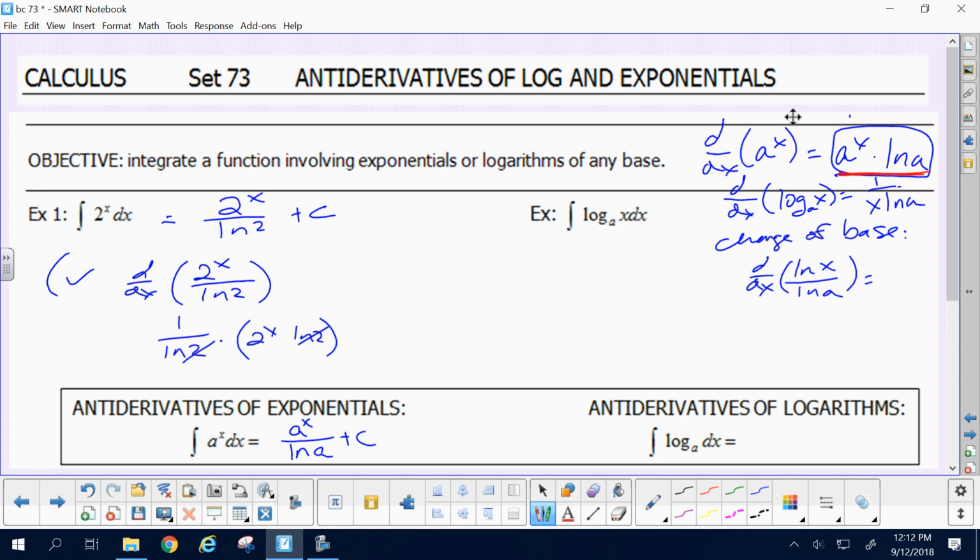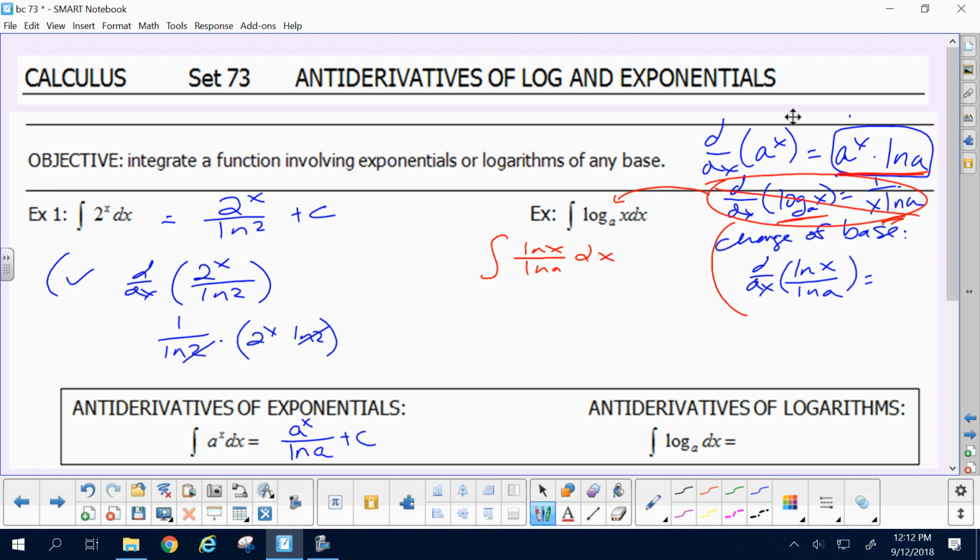But if you look at the derivative of log base a, log base a is not really in the derivative. You see what I mean? So don't really use this idea and try to get that going here. It won't help you. Instead, use that idea. Log base a of x is equivalent to the natural log of x over the natural log of a.